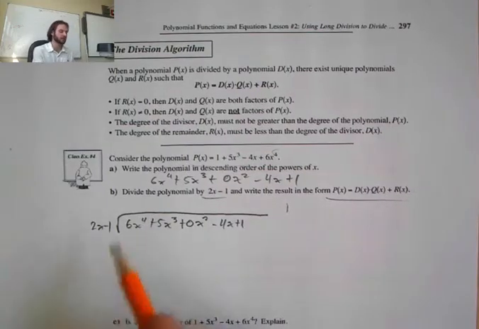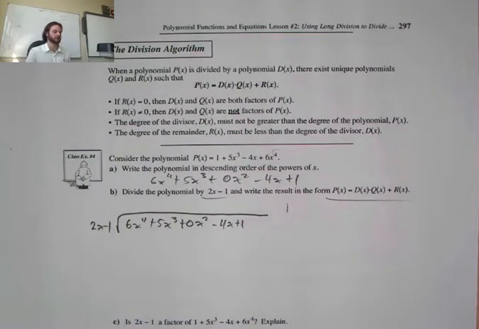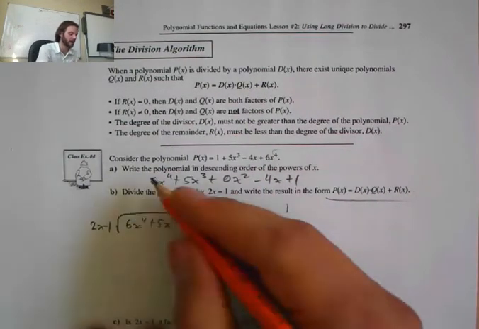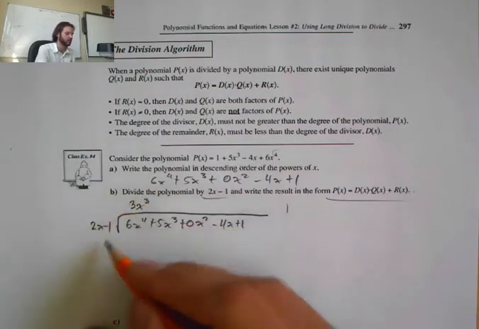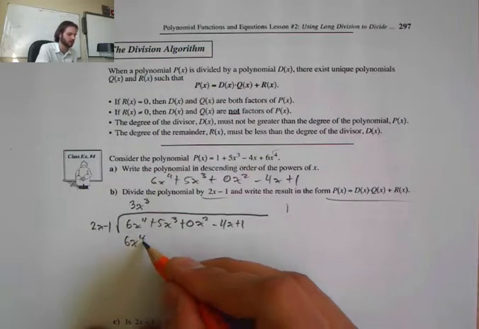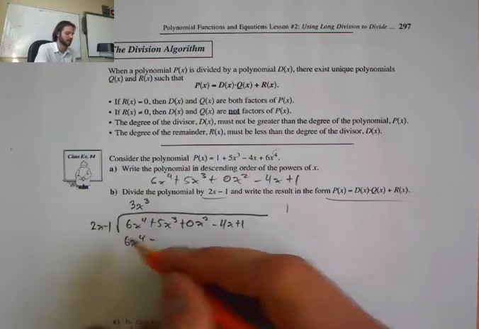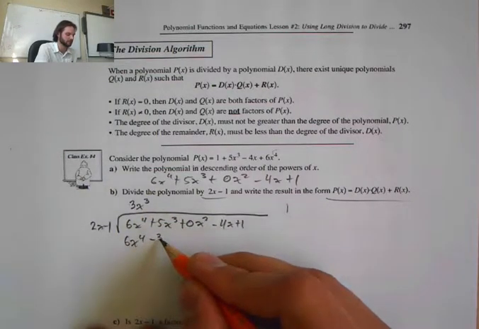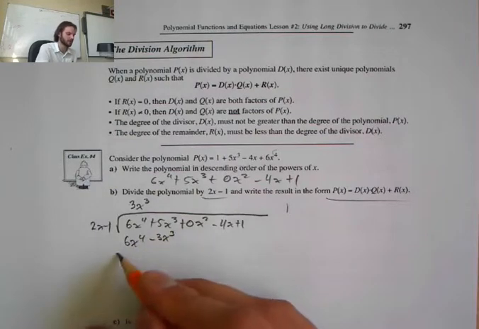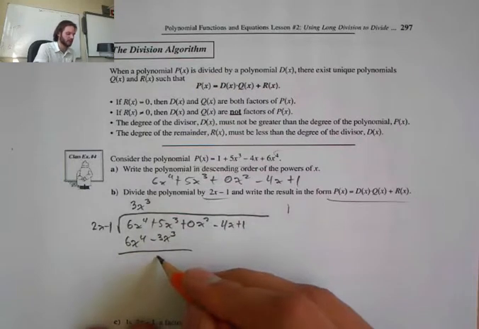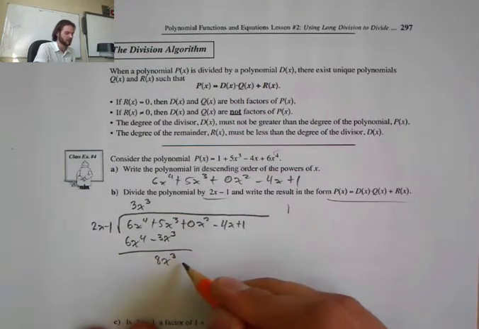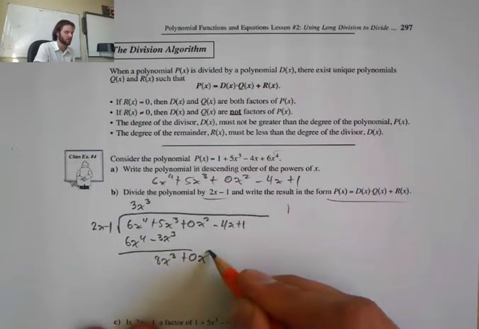So first of all, how many times is 2x going into 6x to the 4? Well, I have to multiply that by 3x cubed. So I end up getting 6x to the 4 minus 3x cubed. I subtract, and this is going to give me 8x cubed plus 0x squared.